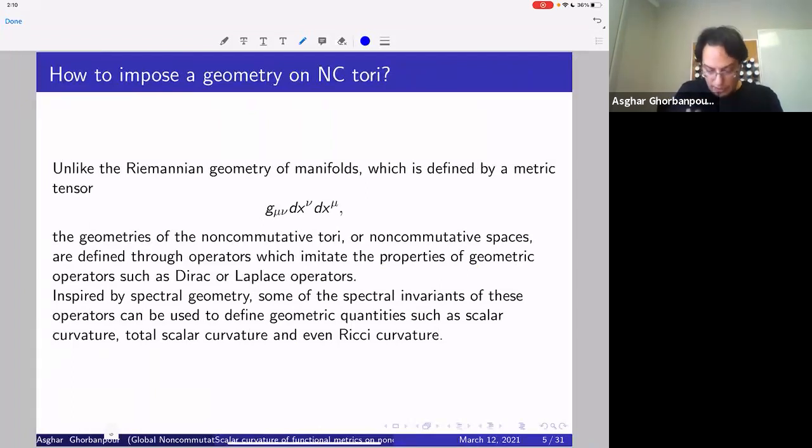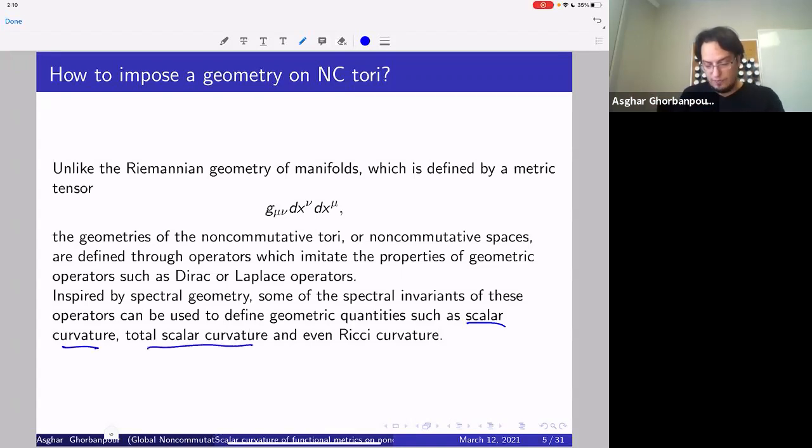If we use that, you'll see in a second how everything is set up. If you have the Laplacian and you study the trace of the heat kernel, then you can recover geometric quantities such as scalar curvature. This is what we will do here for specific metrics.